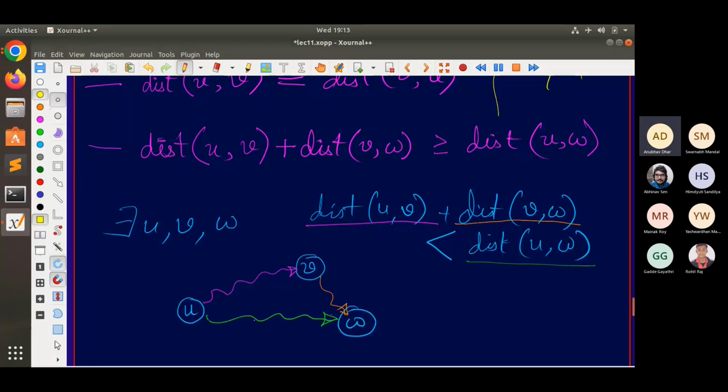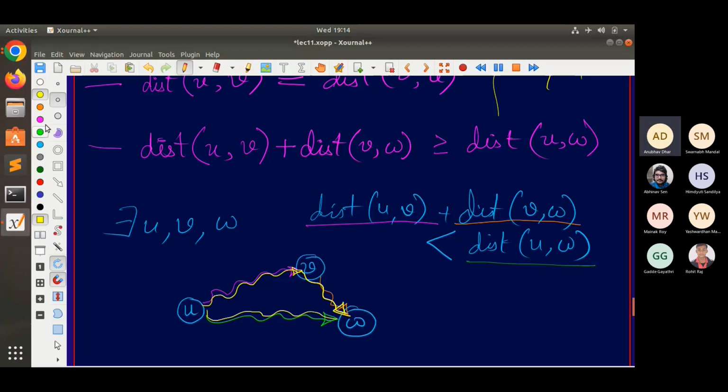Now observe that if this is the shortest path from u to w, then instead of going along this path, you can actually go from u to v along this path and then v to w along this path. The cost or length or weight of that composite path will be the LHS of this thing. But you know that distance of uv is the smallest possible path.